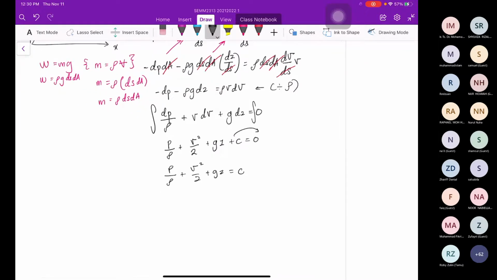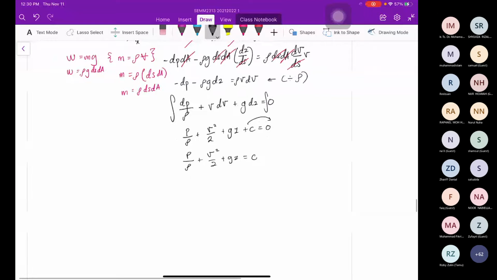That means this constant, maybe we have the flow at this point and this point, constant 1 should be equal to constant 2. So C1 shall be equal to C2.